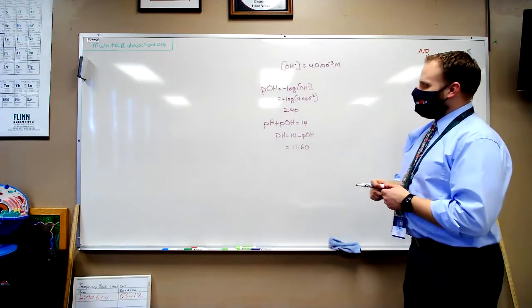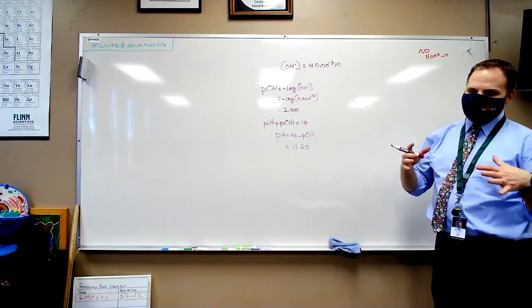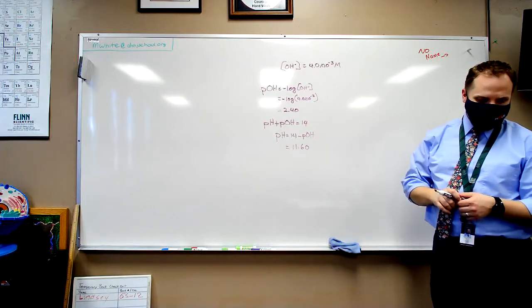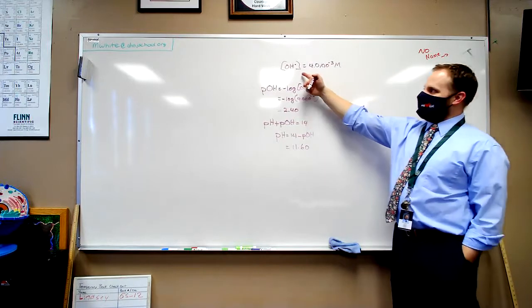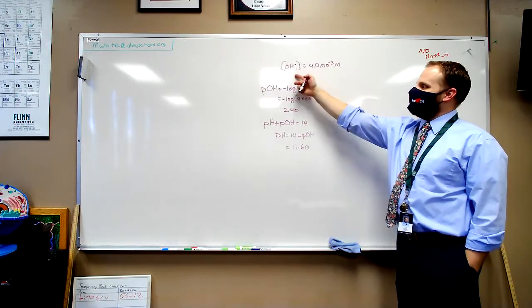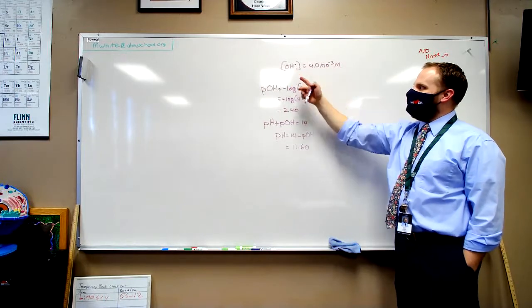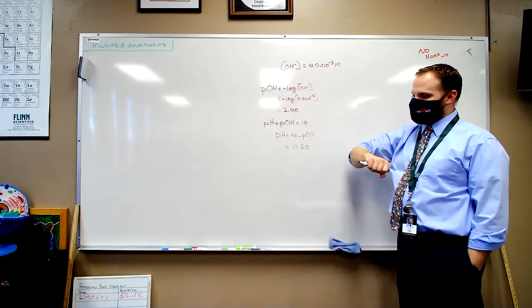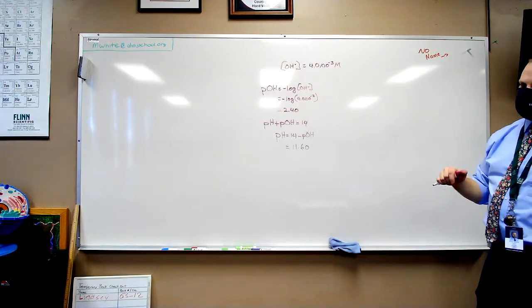Okay. Like I said, there's another way you could attack this. It's not the easiest way, but it is valid. You can go back to the KW and calculate the H plus concentration based off of this, and then put that into the pH equation. It's an extra step.